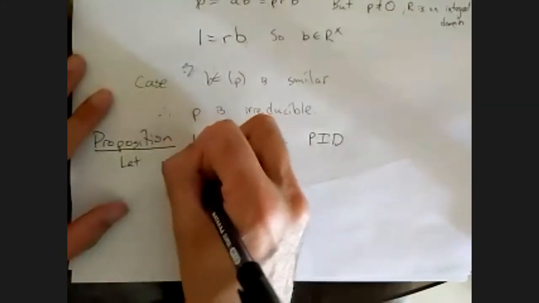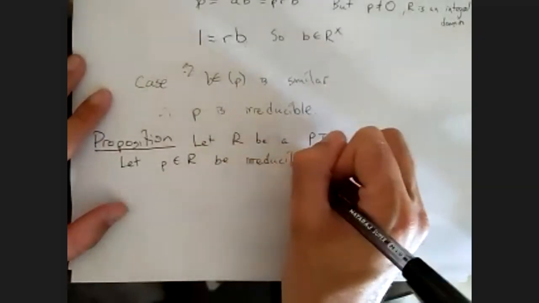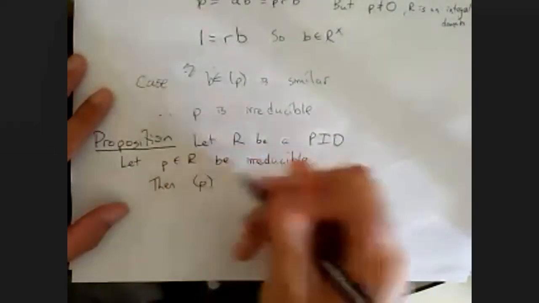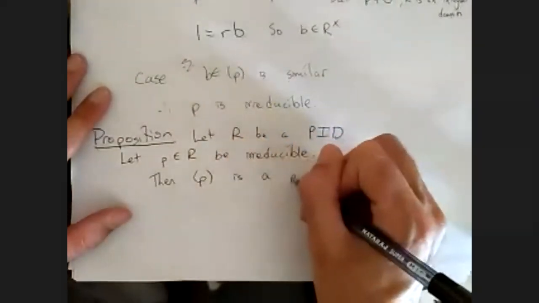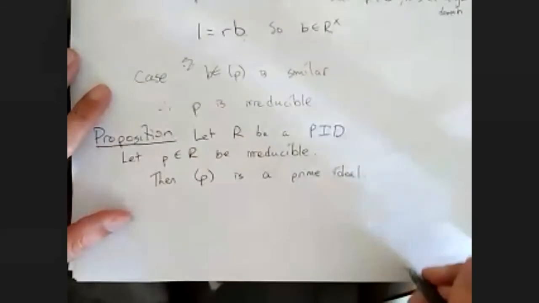Let P be irreducible. Then the ideal generated by P is a prime ideal.